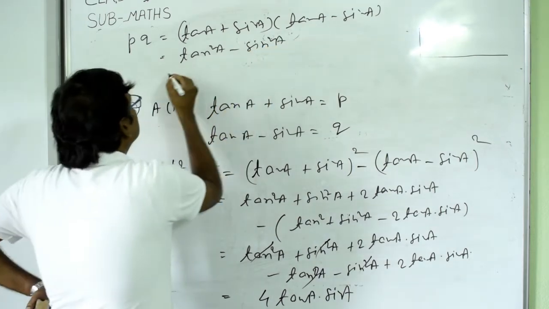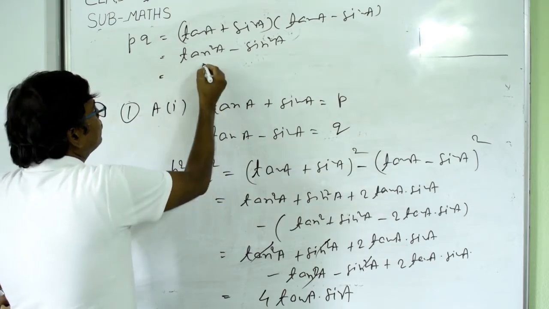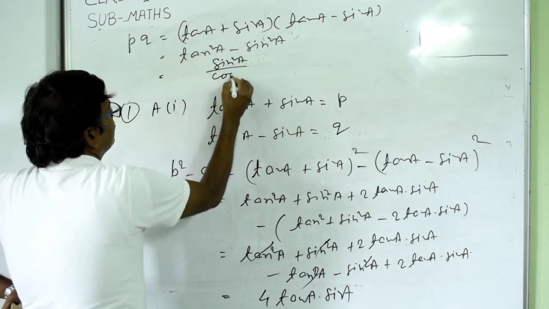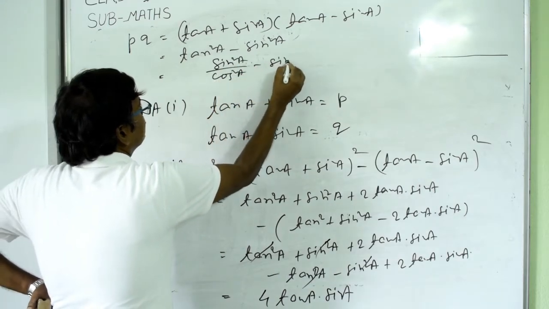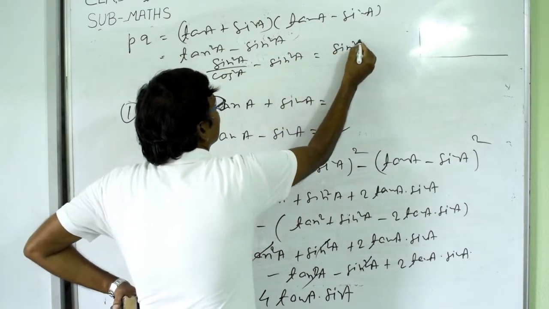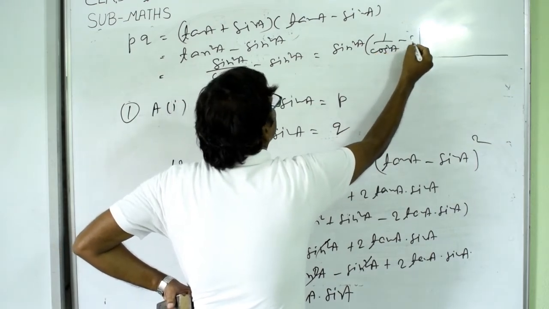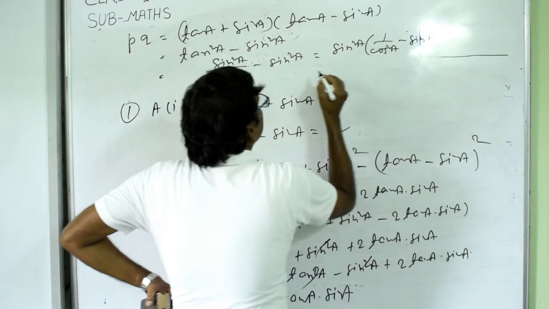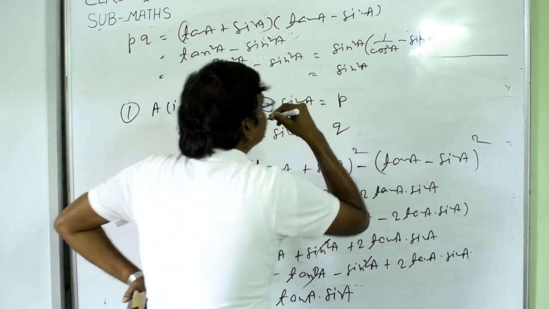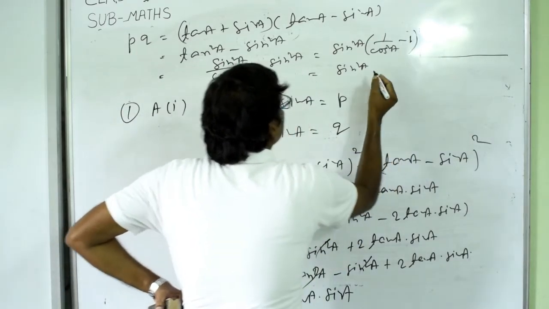So next, tan square A equal to sin square A by cos square A, minus sin square A. Then you will take common sin square A, then 1 by cos square A minus 1. It is 1 because we have taken the common here.